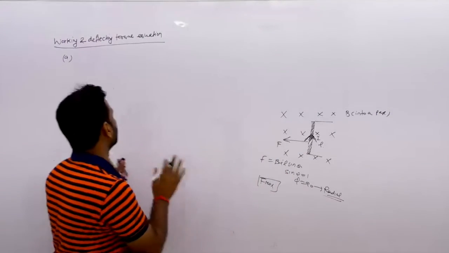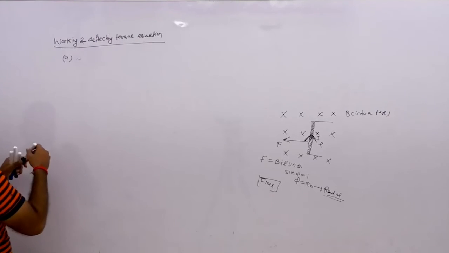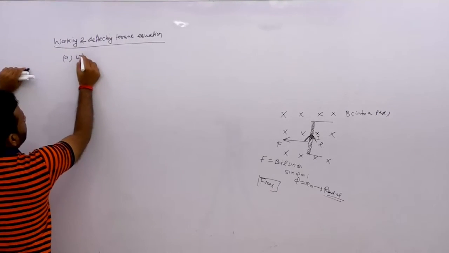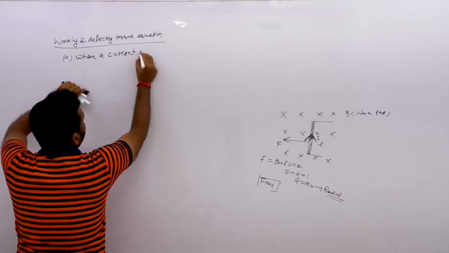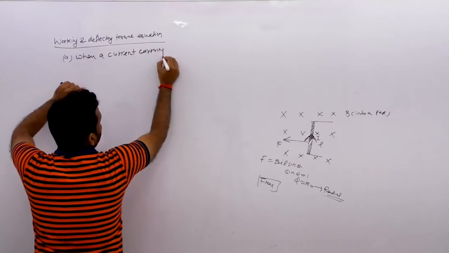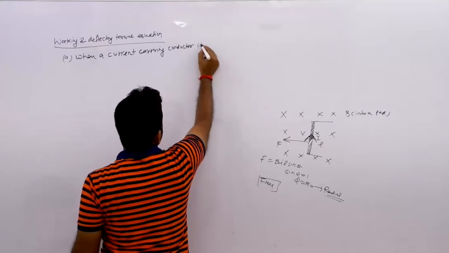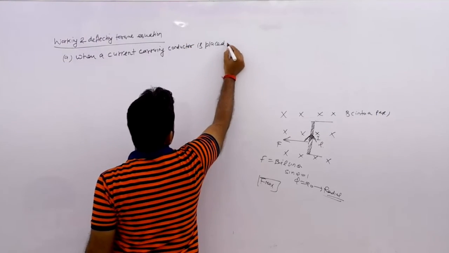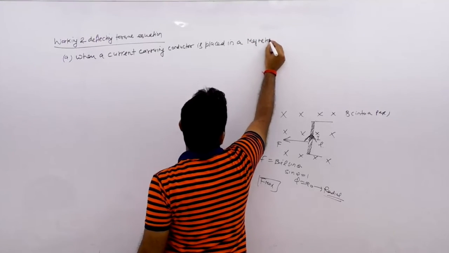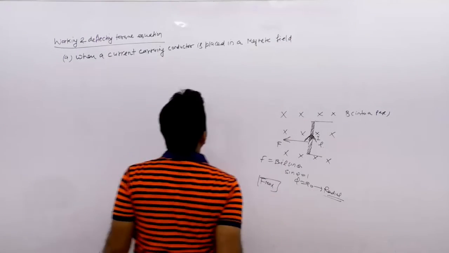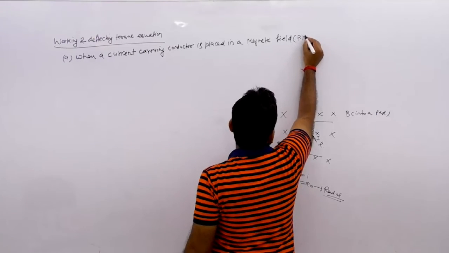Okay. Now let's start our working. When a current carrying conductor is placed in a magnetic field, that magnetic field is a permanent magnetic field.